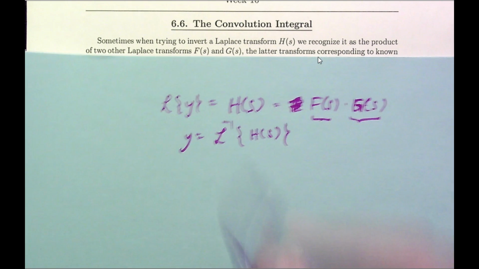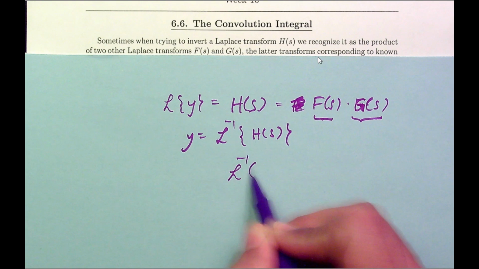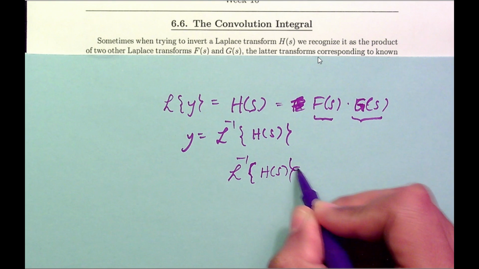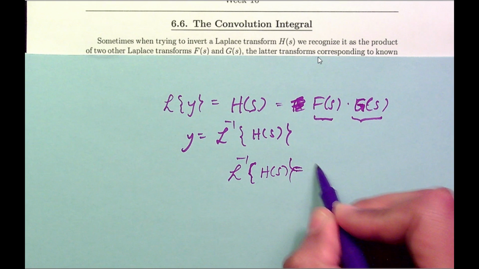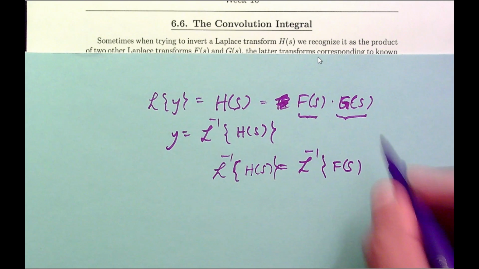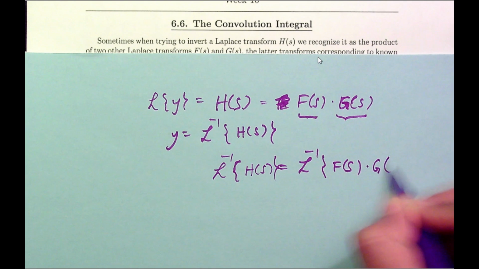So the Laplace inverse of h of s, because h of s is equal to this, will be the Laplace inverse of f of s times g of s.